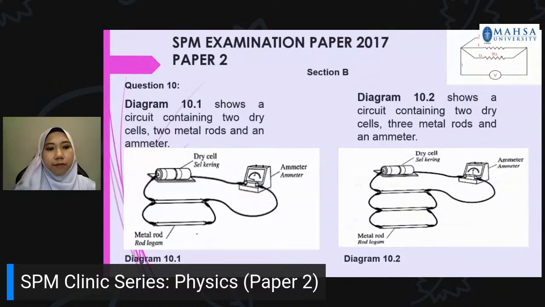Here you have two metal rods, so the R value should be higher compared to this one. The R value, the total resistance, for diagram 10.2 should be lower, because when you add more metal rods in diagram 10.2, the total or effective resistance should be smaller compared to the individual resistance of your metal rod.